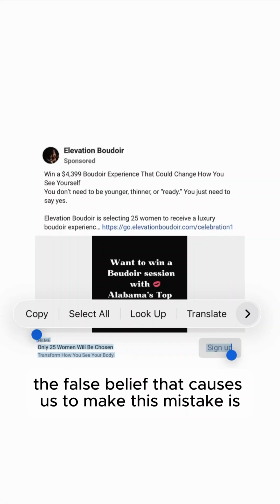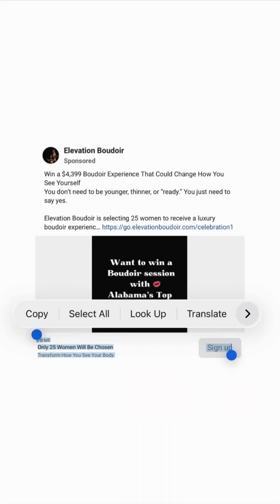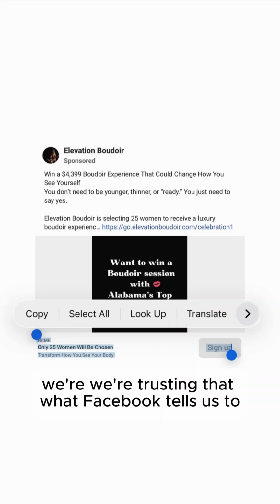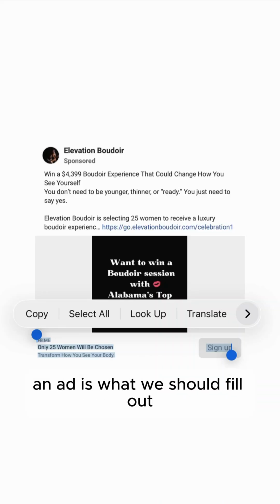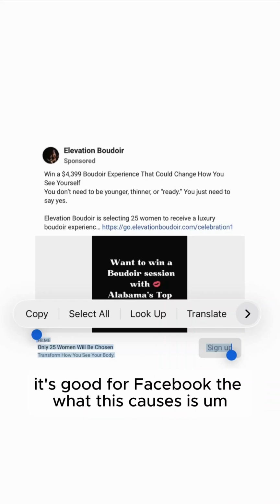The false belief that caused us to make this mistake is we're trusting that what Facebook tells us to fill out when creating an ad is what we should fill out. We're trusting that's good for us, but in fact it's bad for us, it's good for Facebook.